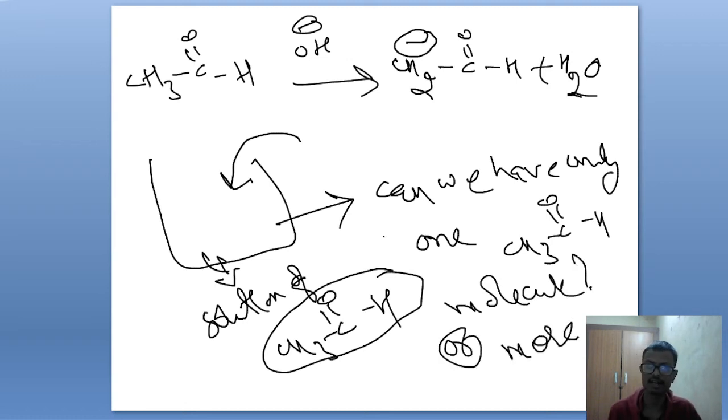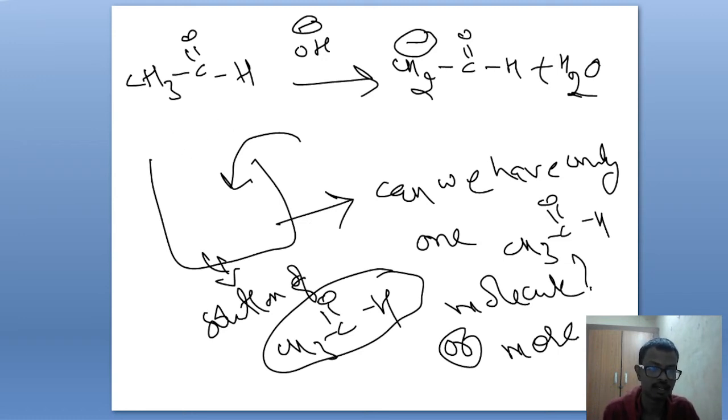What I want to say is, we took a solution of this aldehyde, and I am asking whether in this container there is only one molecule of this, or we have many molecules. Obviously we have many molecules of the CH3CHO group.